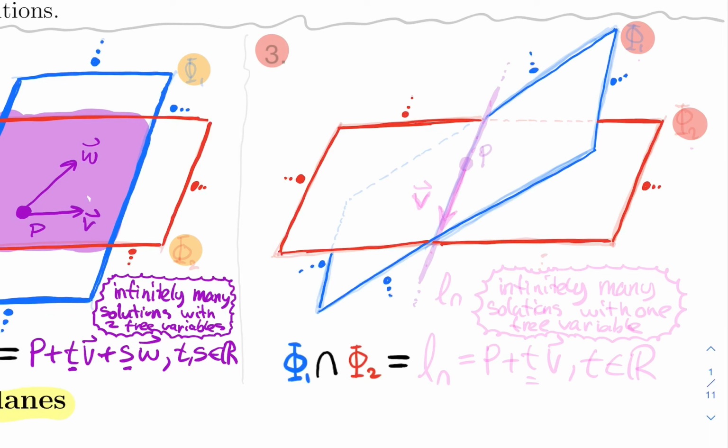But now let's think about it in terms of systems of linear equations. Geometrically speaking, when they're not parallel, they will intersect. So the two planes will have an intersection, and that intersection will be this nice line that I'm drawing right now in purple.